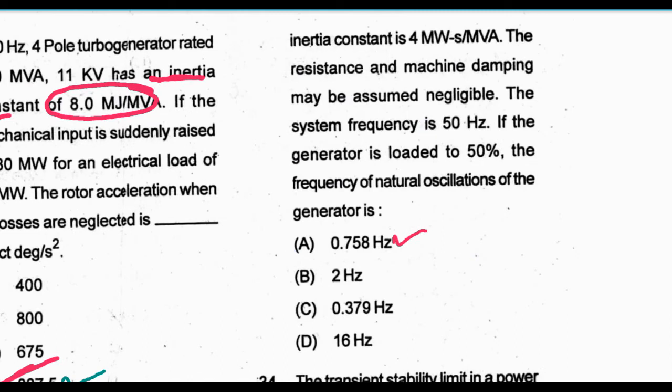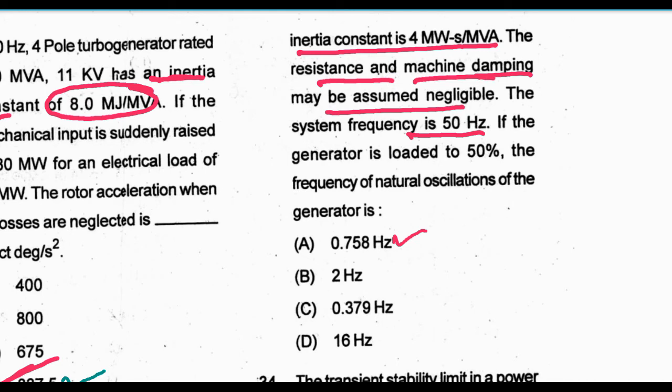The resistance and machine damping may be assumed negligible. The system frequency is 50 Hz. If the generator is loaded to 50%, the frequency of natural oscillation of the generator is? So this is a lengthy question. Here are the given data: inertia constant is this much, frequency is this much, and resistance and machine damping are neglected.